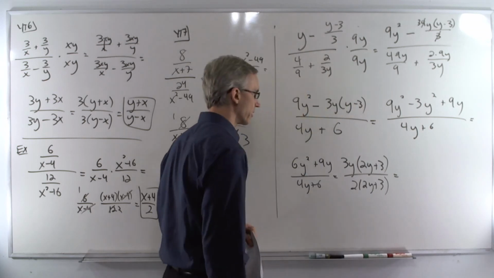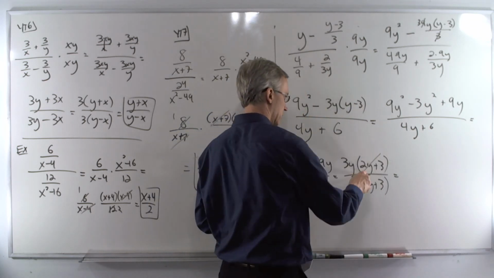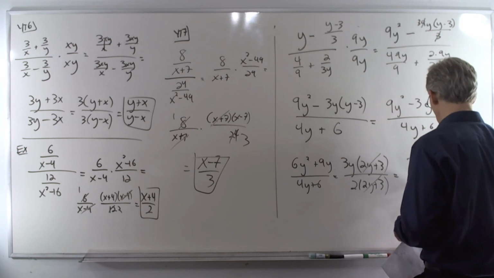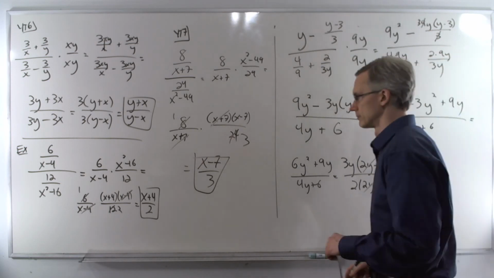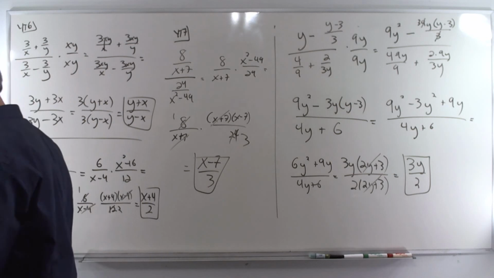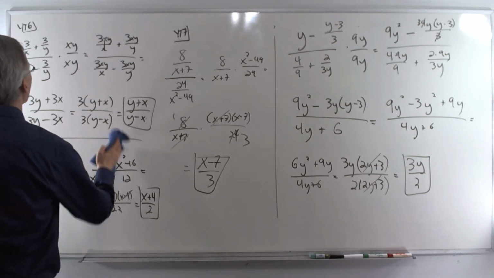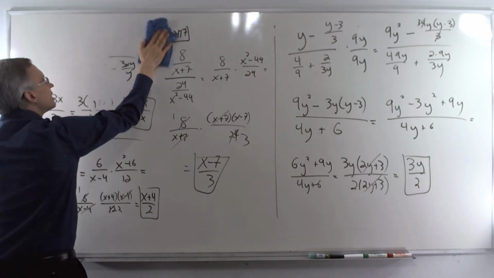So now we have matching binomials. So those will cancel, leaving just 3y over 2. Your turn, number 8.